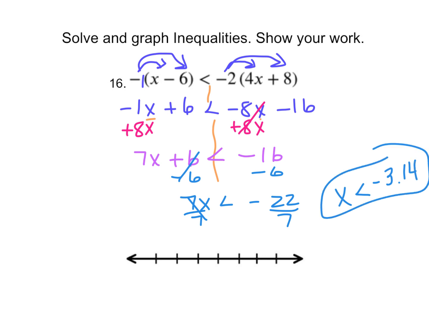Okay, so I can do negative 3.14 on my number line, and I can do negative 3.13, and over here negative 3.15, something like that, on my number line. And then I'm going to do open circle, negative 3.14, and x is less than, so we would go to the left.